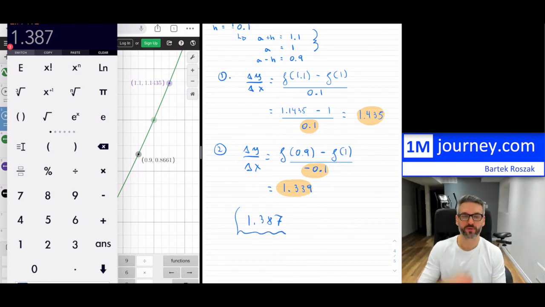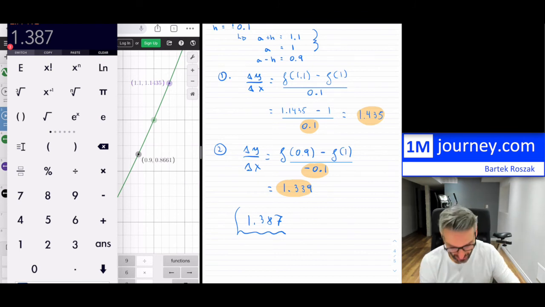Now, we don't have any units for this function, but that's what the slope might look like, so it's a slope of 1.387. So the idea here is, if you want to really get a good approximation, instead of using h as 0.1, you can use an h like 0.0001, for instance.